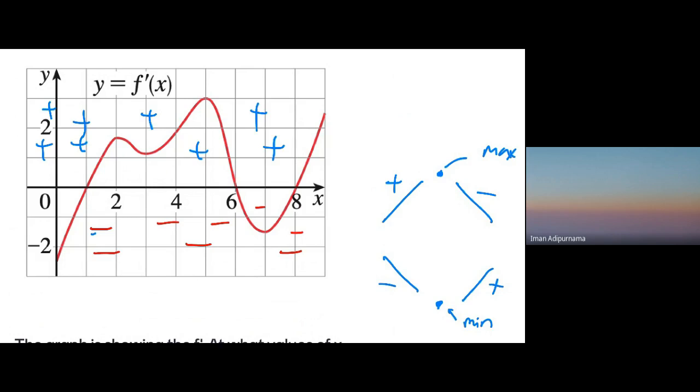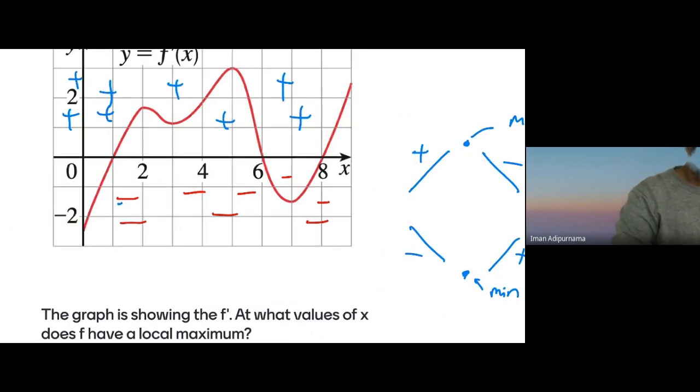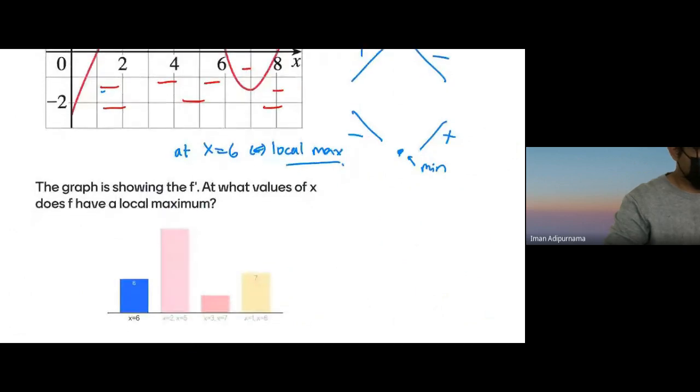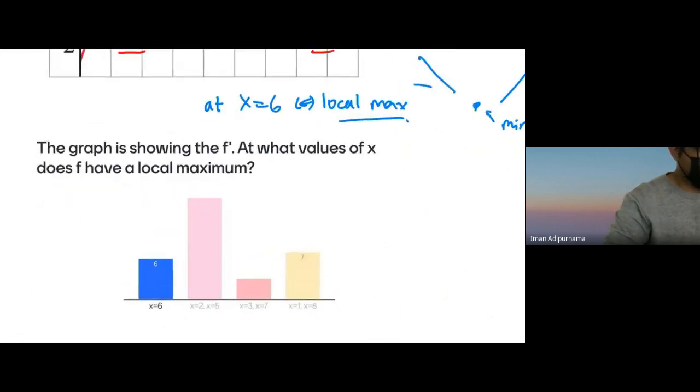At x equals 6, you can write, we have a local max. Yeah, it happens, because we didn't carefully read the description.